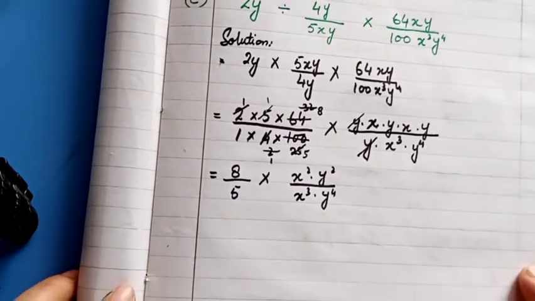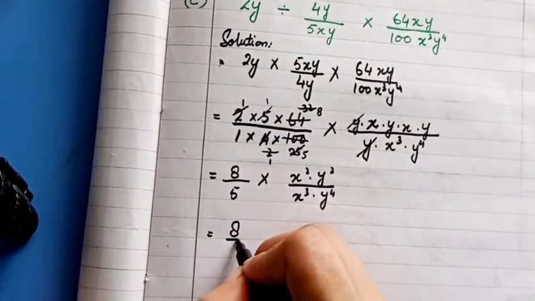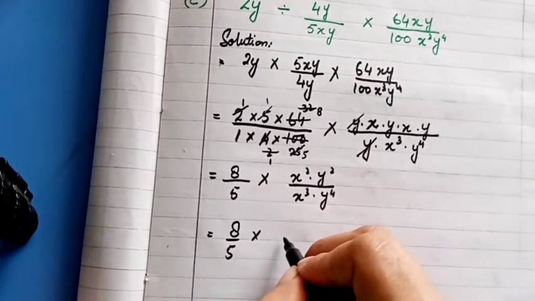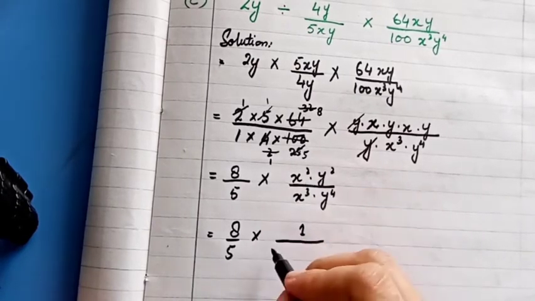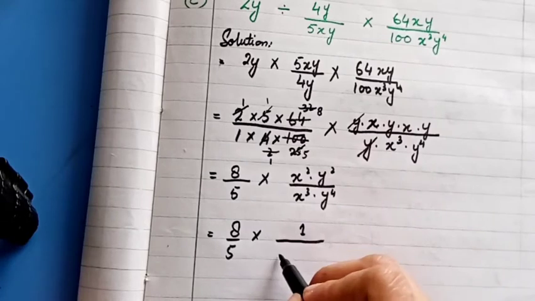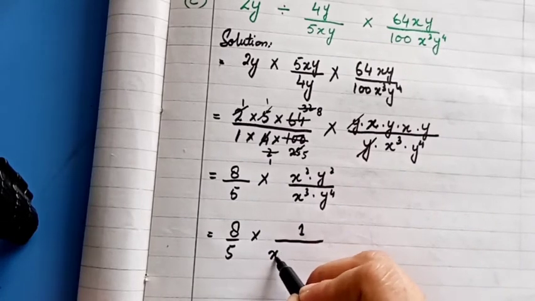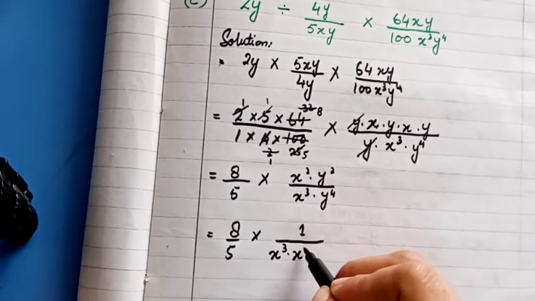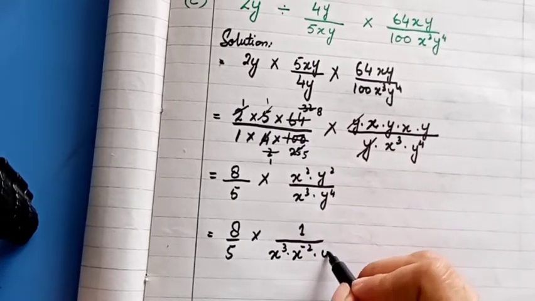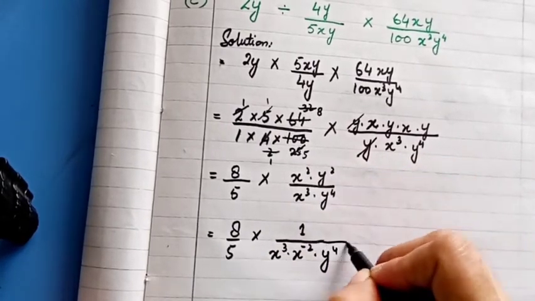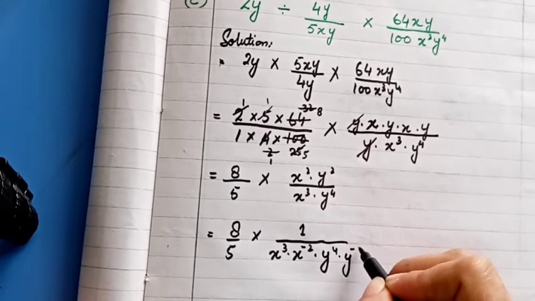What we will get? We will get 8 upon 5 here. Here we have 1. As we move these two variables towards the denominator, x cube multiplied by x to the power minus 2, and y4 will become y to the power minus 2.